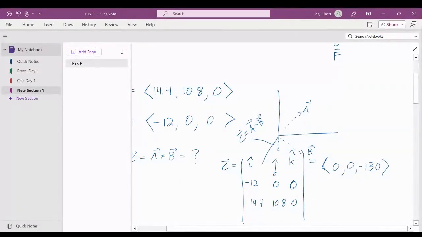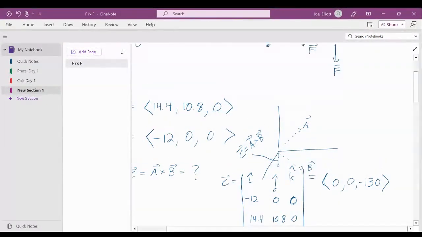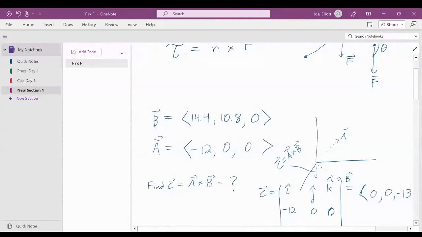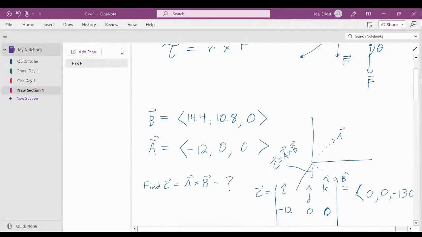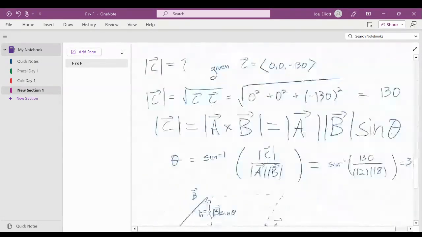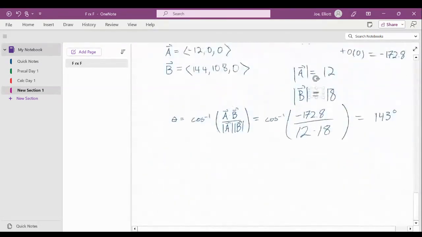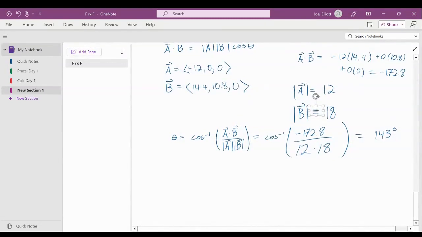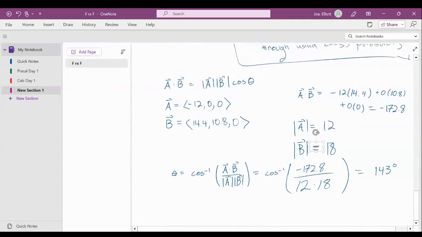The angle between A and B, if you actually looked at them, is going to be more than 37 degrees. It has to be. But you'll notice that 37 degrees and essentially 143 degrees are actually supplementary angles.